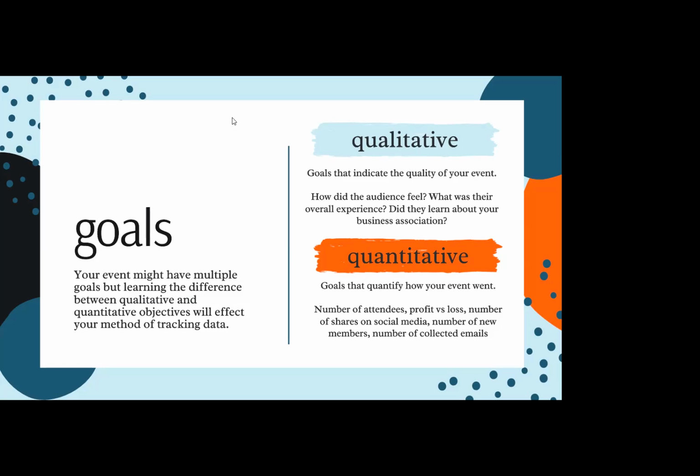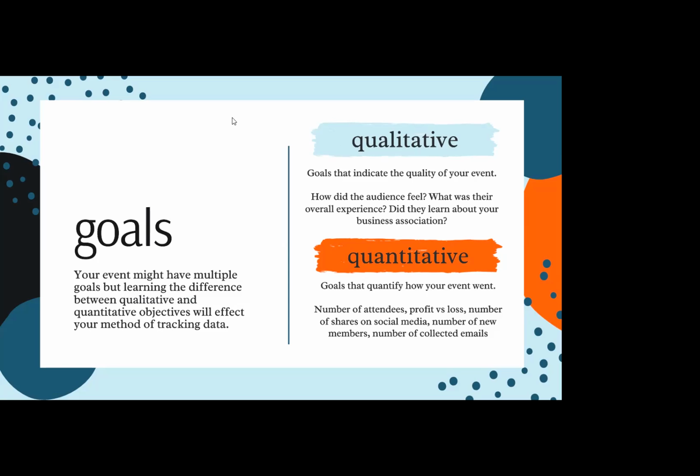And then quantitative are goals that quantify how your event went. So number of attendees, profit versus loss, number of shares on social media, number of new members, number of collected emails. So lots of numbers, but qualitative versus quantitative, it's a good idea to have both. When I was thinking about the field trip, a qualitative goal was they had fun.